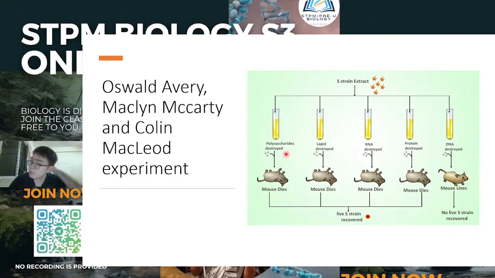So this experiment is to detect which material. We cancel one by one. When we destroy polysaccharide, the mouse dies. Destroy lipid, RNA, protein, the mouse dies. But when we destroy DNA, the mouse still survives.